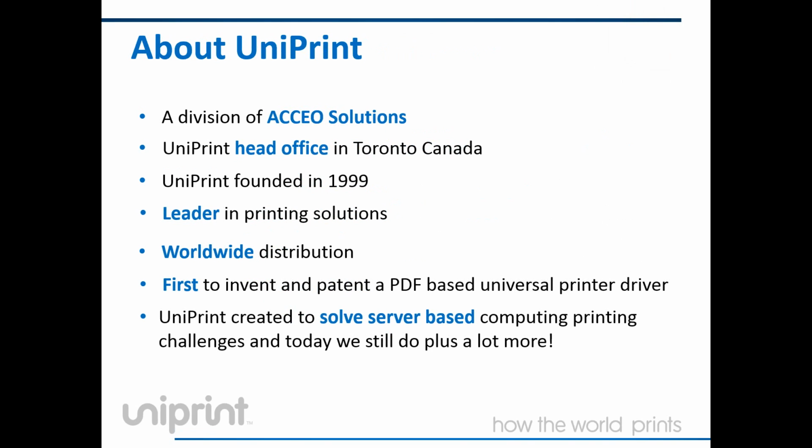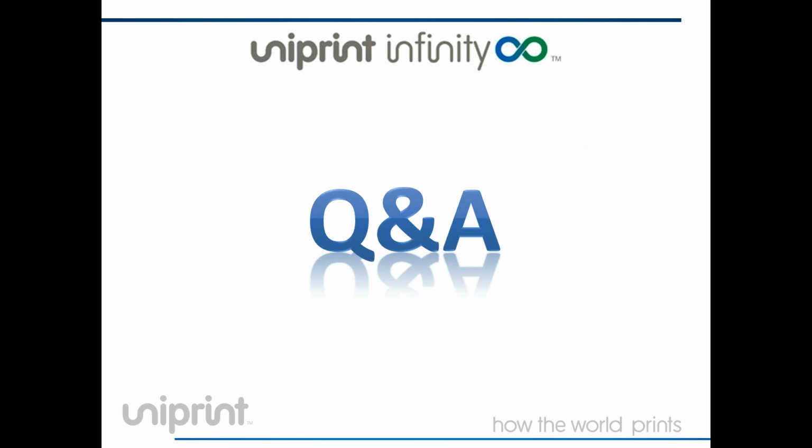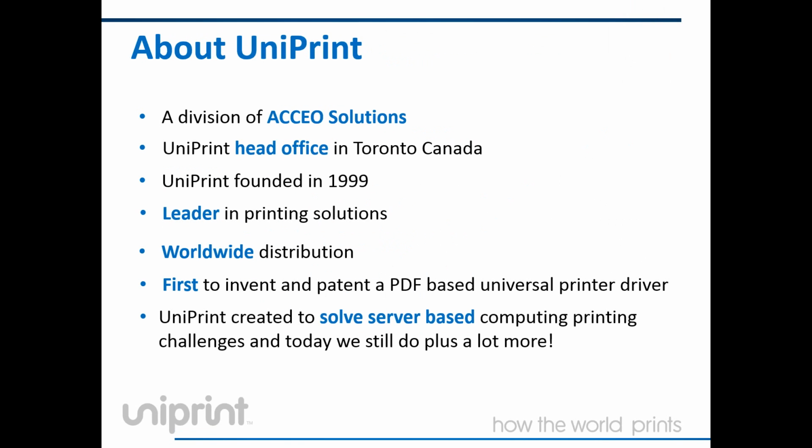Just a quick little bit about UniPrint, in case you're not aware. We're now a division of Axio, which is a large Canadian company, headquartered out of Toronto. We have the operation in EMEA, with support within EMEA as well, based in the UK. We've been around 14, 15 years.